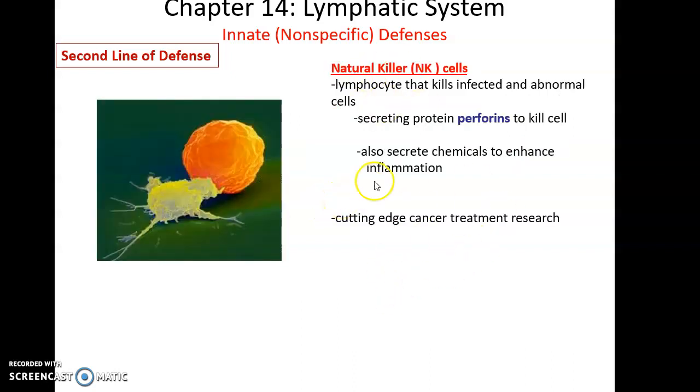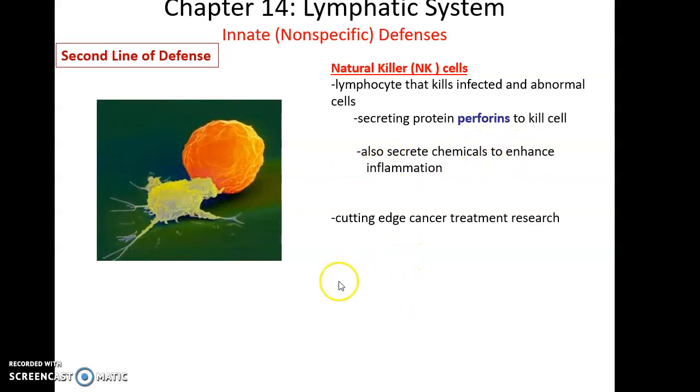Natural killer cells, these are lymphocytes that will destroy any abnormal body cell. A cell infected by something or an abnormal cell that is, say, becoming cancerous. The natural killer cells will secrete proteins called perforins, which punch holes into the abnormal cell.